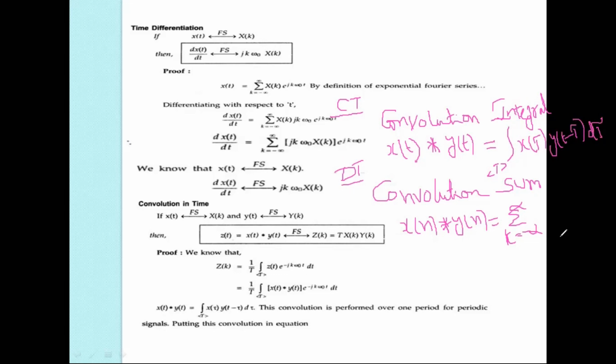For discrete time, y of n is equal to the sum of k equal to minus infinity to infinity of x of k, y of n minus k.